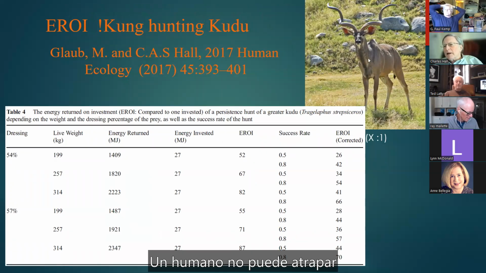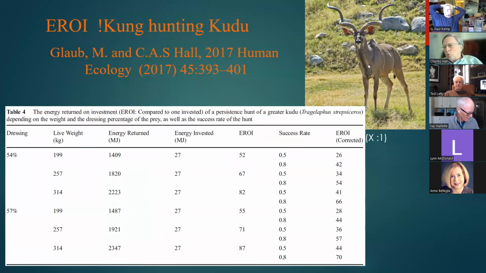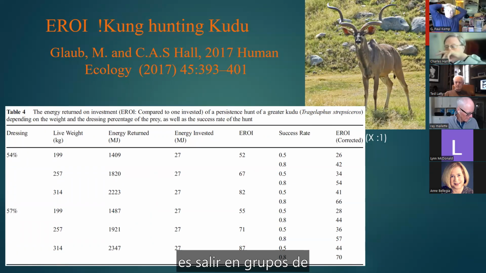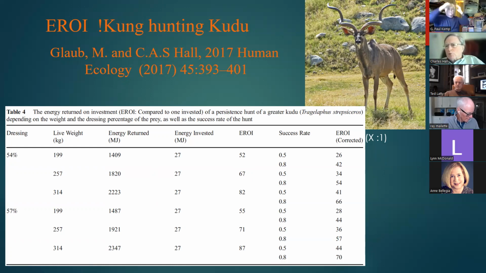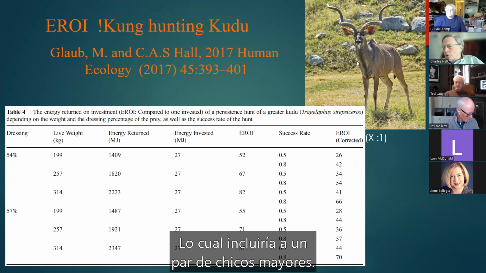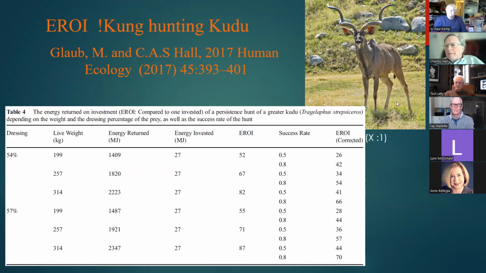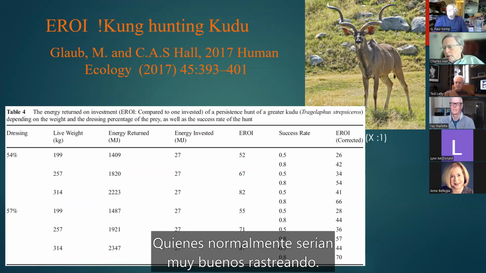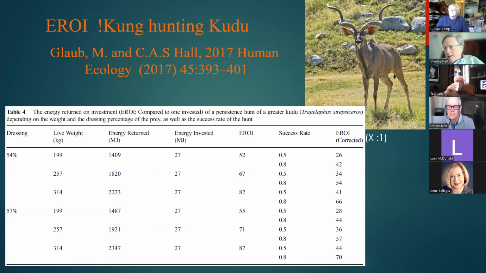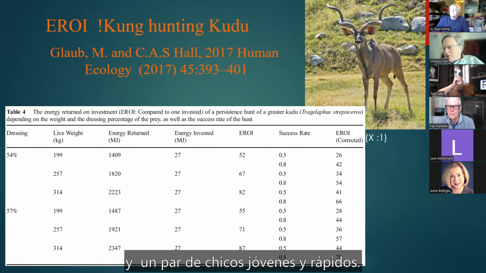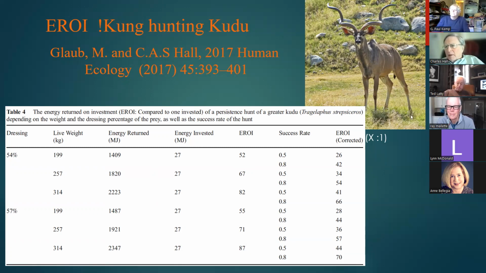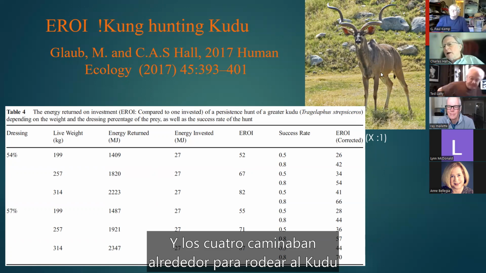A human cannot catch a kudu. What they do is they go out in groups of 3 or 4, which would include a couple of older guys who normally would be really good at tracking, and a couple of young, fast guys. And the 4 of them would walk around till they started out a kudu.